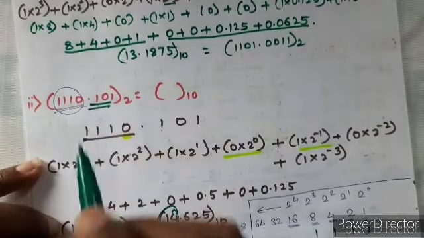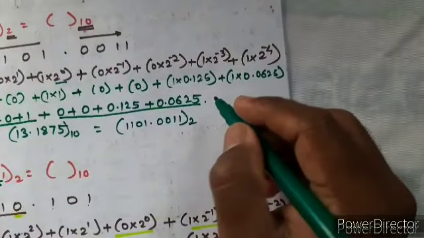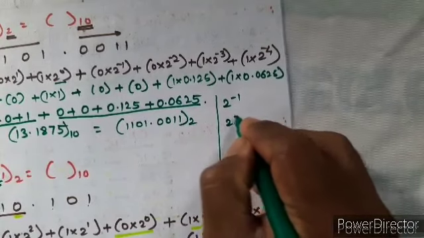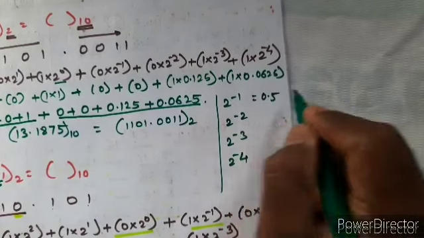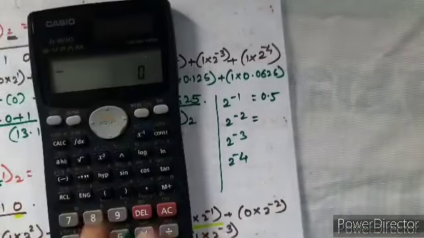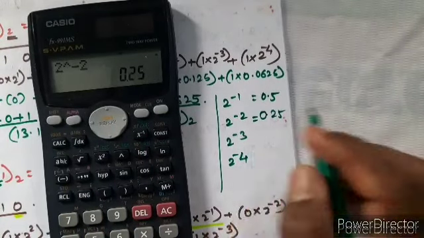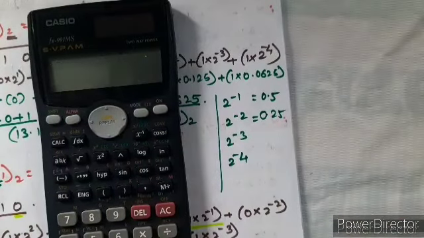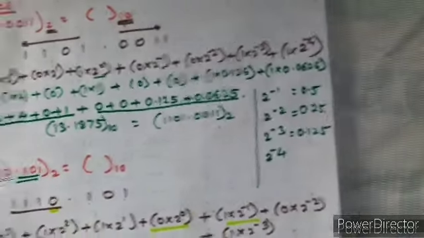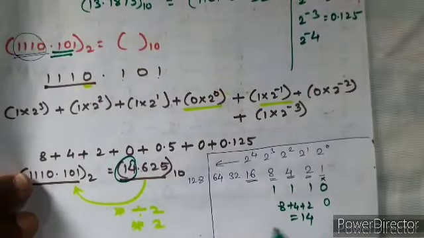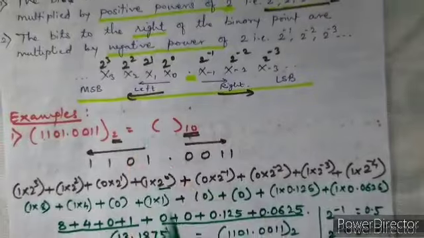And if you have the fractional part, then you need to have a calculator, or simply you can remember these values: 2 raised to minus 1, 2 raised to minus 2, 2 raised to minus 3, 2 raised to minus 4, right? So this is 0.5, then 2 raised to minus 2 is 0.25, then 2 raised to minus 3 is 0.125. Then you can go on. So you need to remember this.